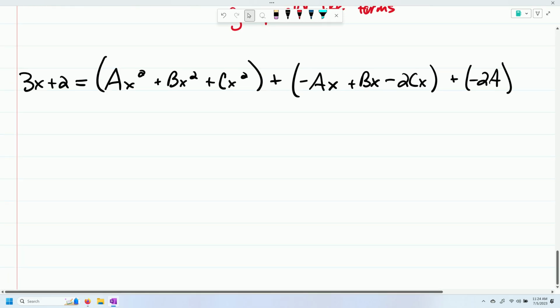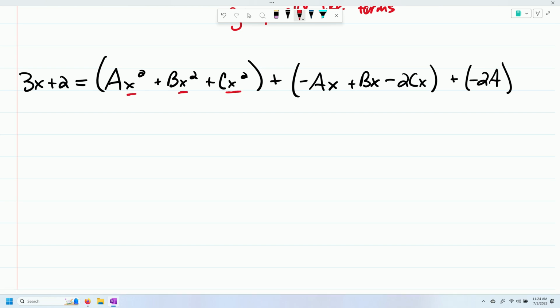You will notice in each grouping, they all have an x squared for the first group, and for the second group, they all have x to the first. And then the third group is just our constant term. I keep saying linear by accident, but it's just our constant term.